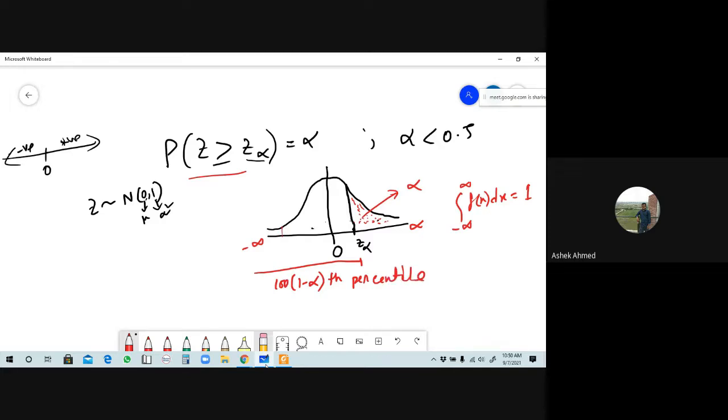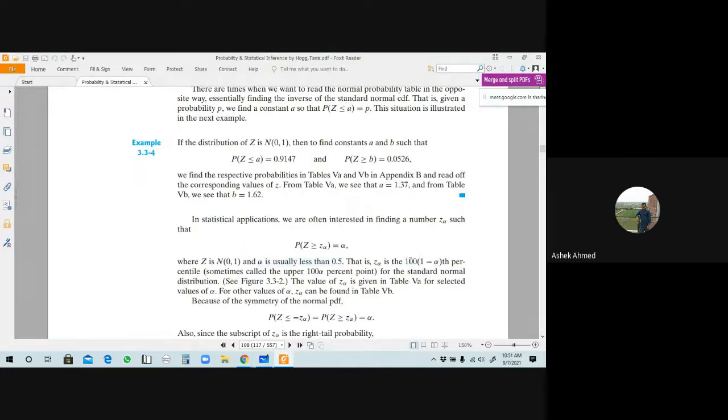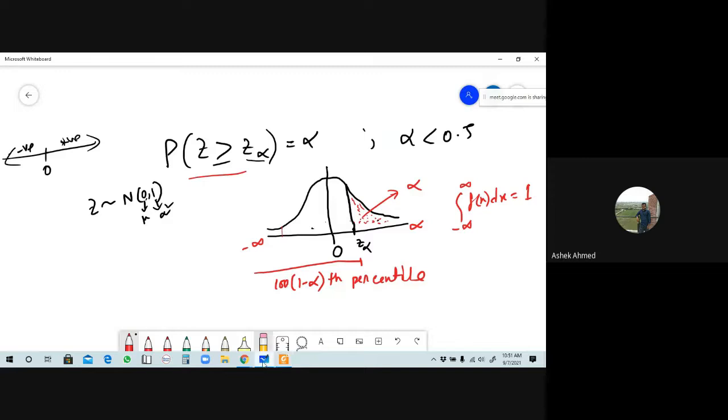Sometimes it is called the upper 100 into alpha percent point, when you consider from the upper right side. That will be called the upper 100 into alpha percent point.